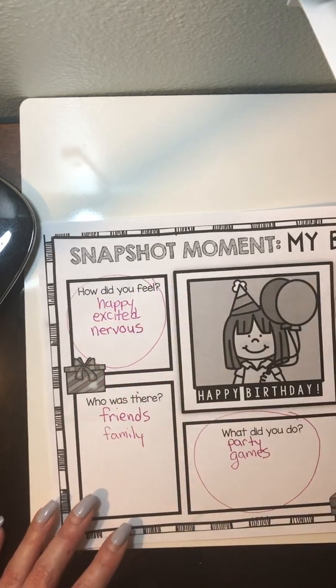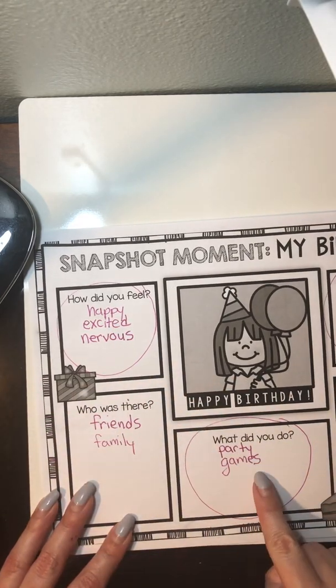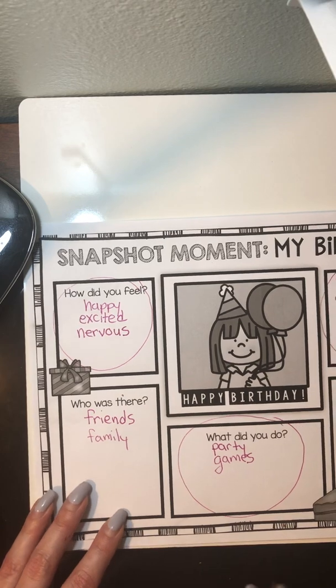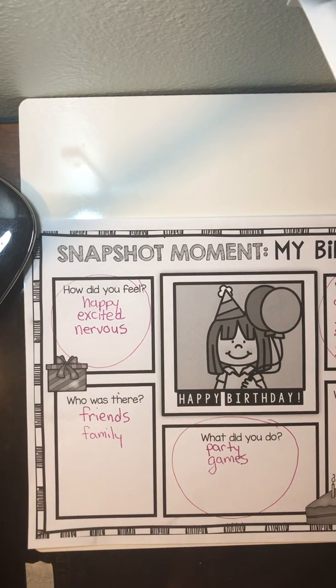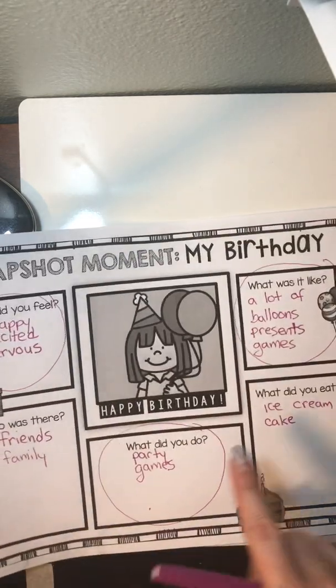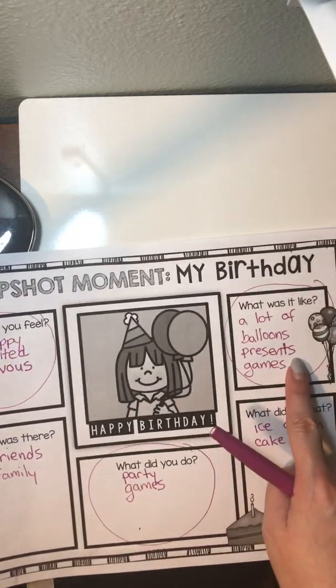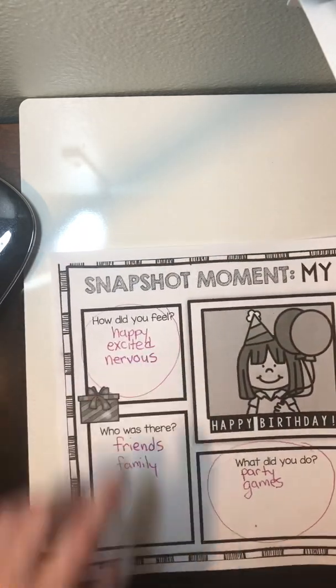This one. And even in those, I'm only gonna pick one of the things that I wrote about. Okay, so go ahead and circle your 3. So I circled this one. What was it like? And how did you feel?